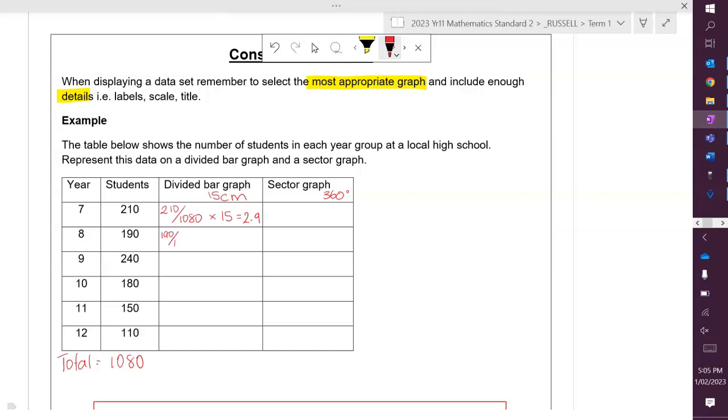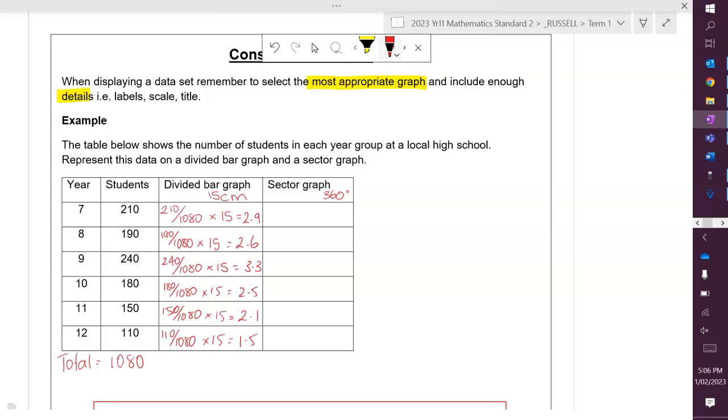So 190 over 1080 times 15, which gives us 2.6, 240 over 1080 times 15, which is 3.3, 180 over 1080 times 15 gives us 2.5, 150 over 1080 times 15 is 2.1, and 110 over 1080 times 15 is 1.5. So that's our divided bar graph.